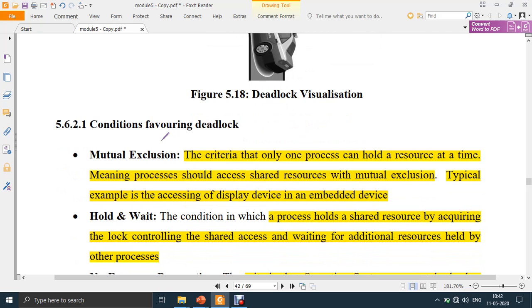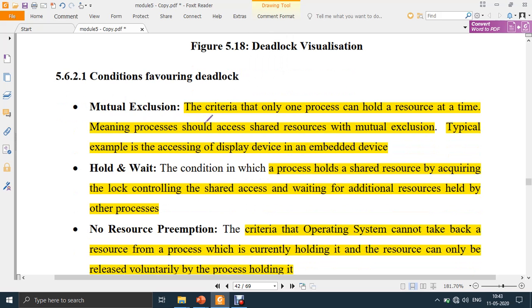What are the various conditions that favor deadlock? That is, what are the conditions which will lead to a deadlock? The first one is mutual exclusion. If mutual exclusion is not there, that will favor the formation of deadlock. The criterion is that only one process can hold a resource at a time.